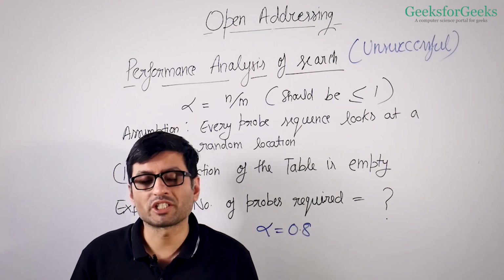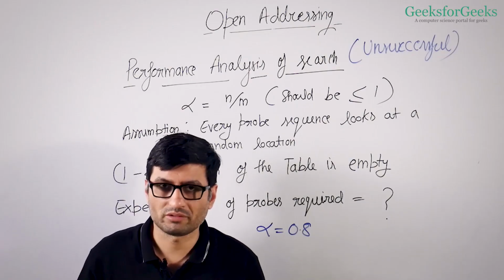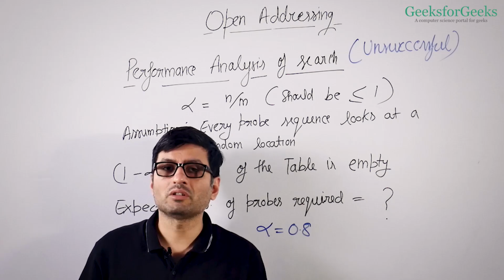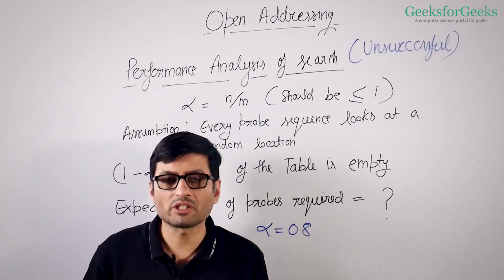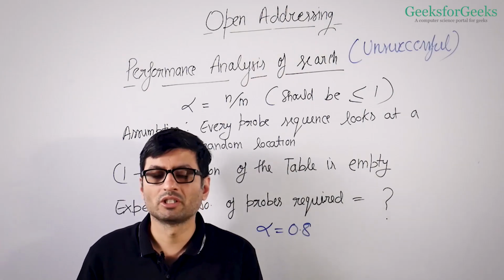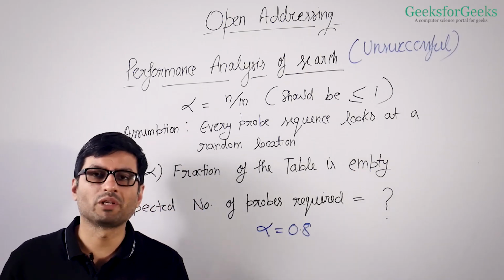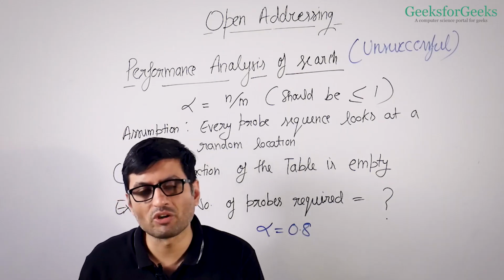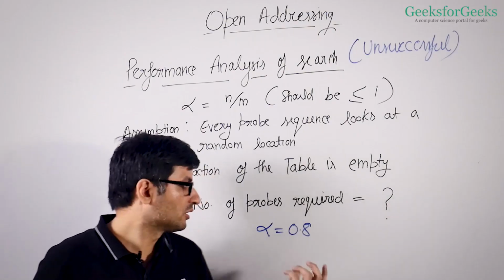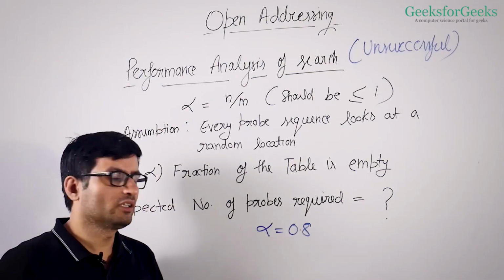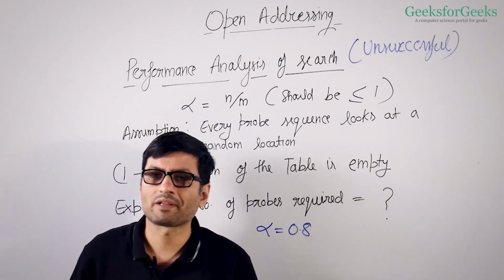So when you are searching for a key, in how many iterations on average will you find an empty slot? 20% empty slots means 1/5 of your slots are empty, so you will take 5 iterations on average. You will probably find 4 occupied slots and then a 5th empty slot. So if your alpha is 0.8, then your expected number of trials for an unsuccessful search is 5.